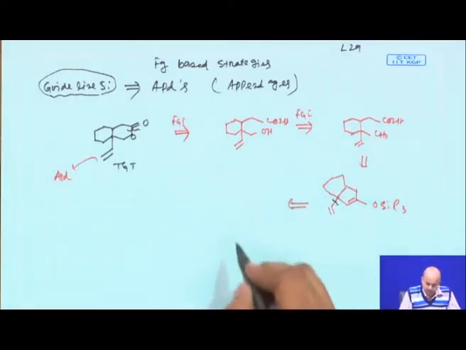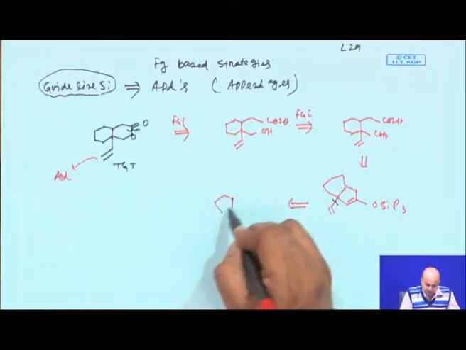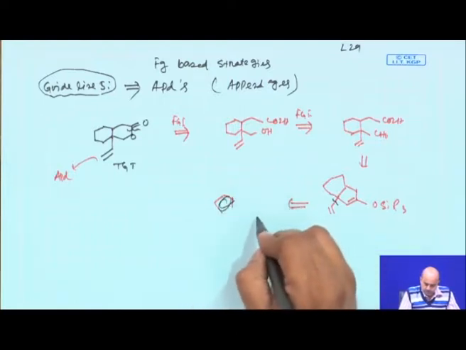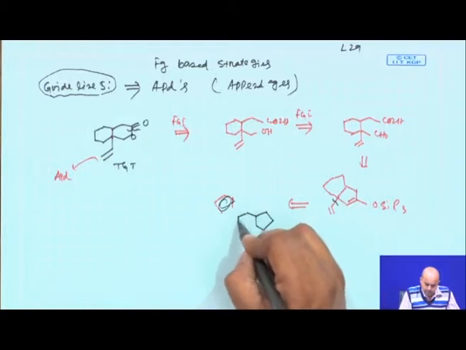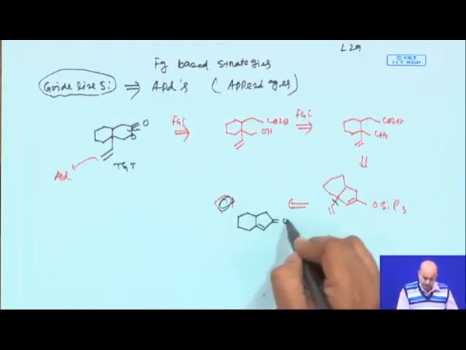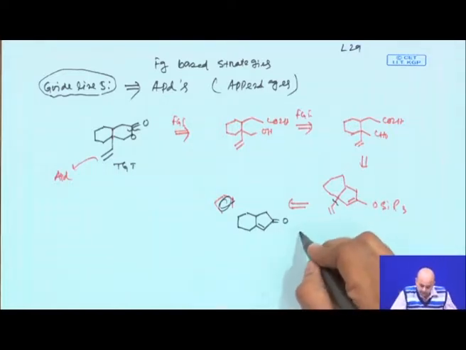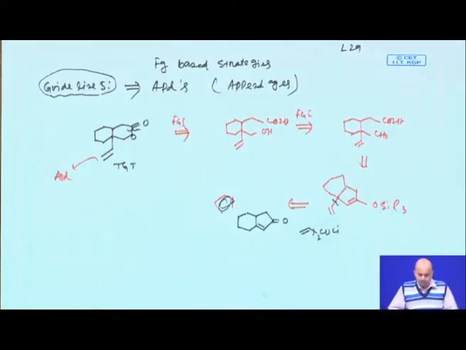The appendage disconnection now was done by, let us say, I will just try to put a ring in this way, and then you see this appendage disconnection can now be efficiently done by a vinyl copper lithium, or a Gilman reagent. So, what happened?